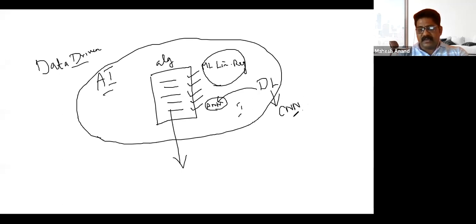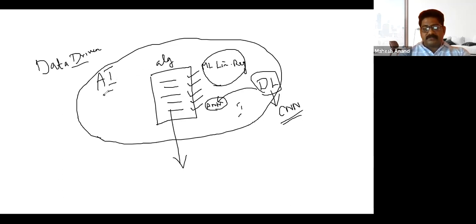This layer takes care of handling image kind of data. It's a very sophisticated tool to solve very complex problems. Not every business problem is linearly non-separable or complex enough to be solved only by deep learning models. There are several other business problems in which you can go with very classical models also.